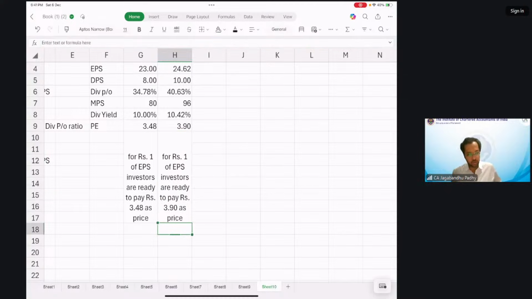So, as per your understanding, what do you say? Which of these two companies enjoy a better investors' confidence? In which of these two companies are investors having a higher degree of confidence, guys?